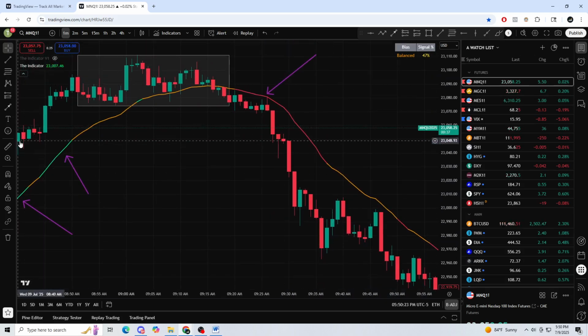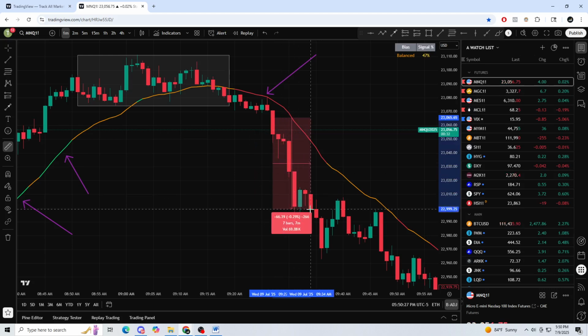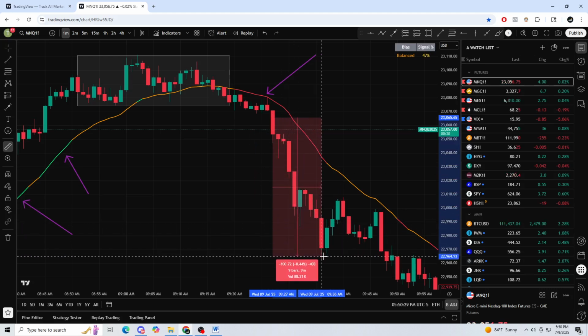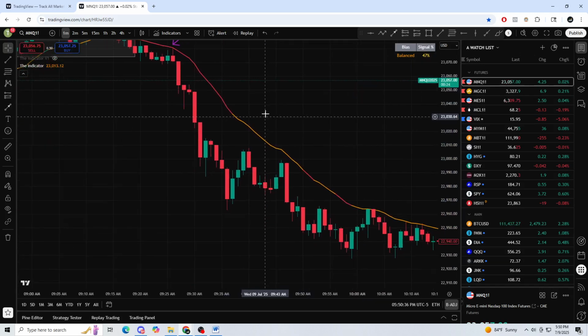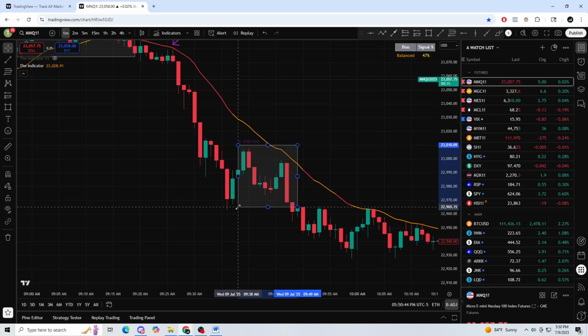And like this flush here, it doesn't really matter, even if you got in here, you still had a 100-point move. And after the 100-point move, we went right back into a state of balanced, from here to the bottom of this candle.